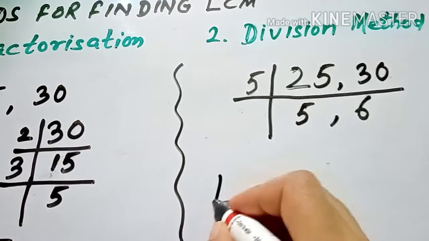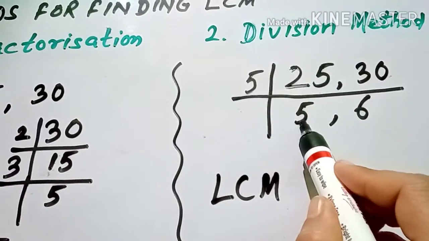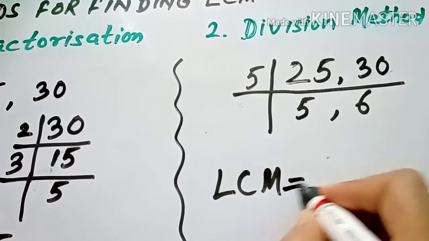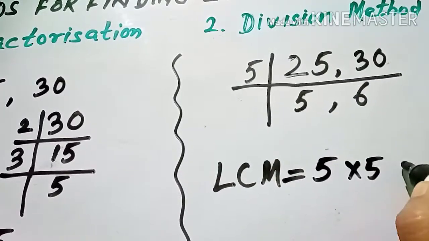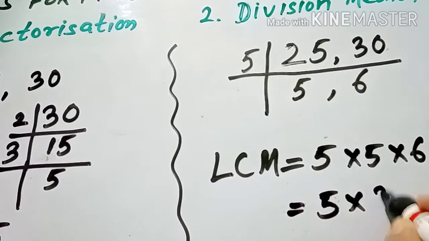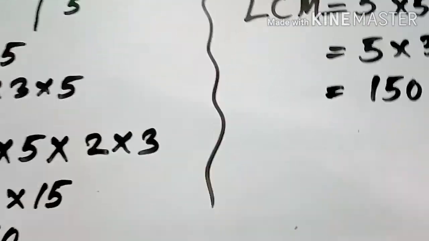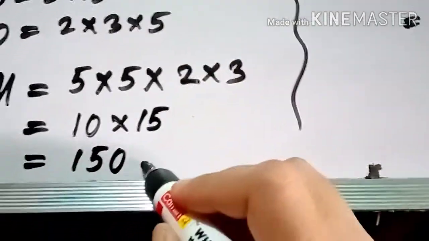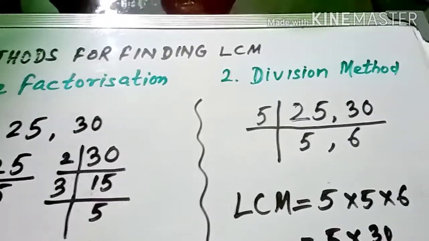Then 5 1s are 5, I can divide only 5, 6 cannot, so we stopped here. LCM will be 5 into 5 into 6, that is 5 into 30, which is 150. You see here, using these different methods we get the same answer for both the numbers. So these are the two methods for finding LCM.